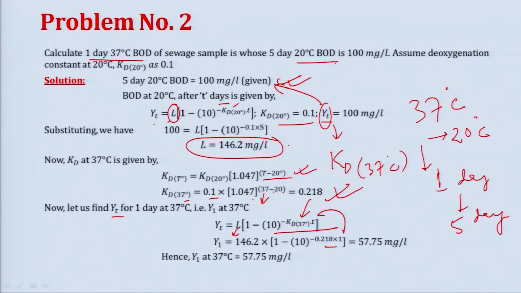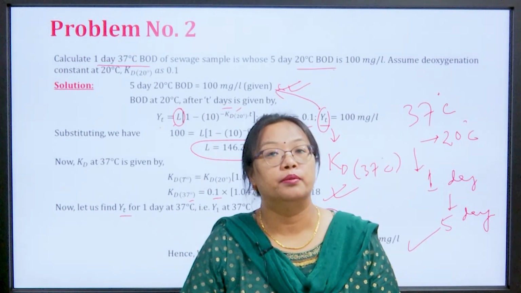Why 1? Because you require it for 1 day. So, Y1, that is BOD at 1 day at 37° centigrade, will work out to be 57.75 milligram per liter. So, this is the second problem.